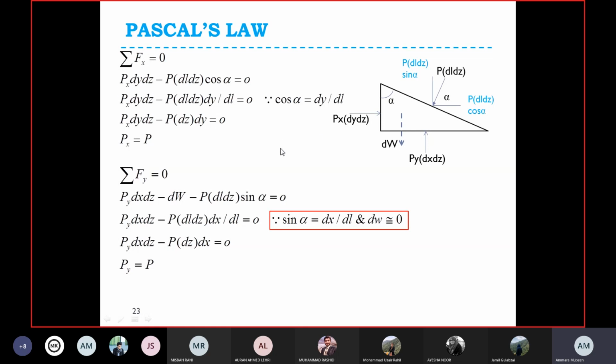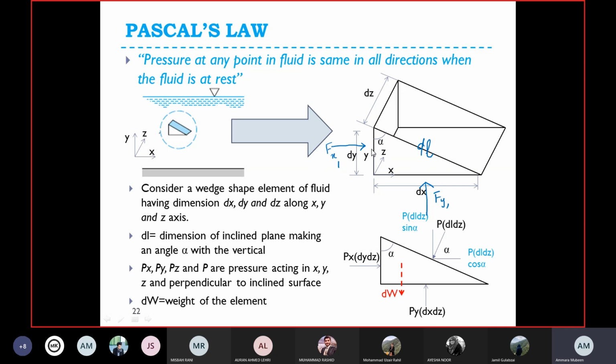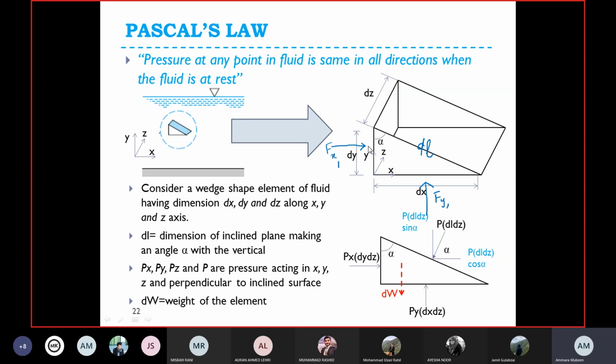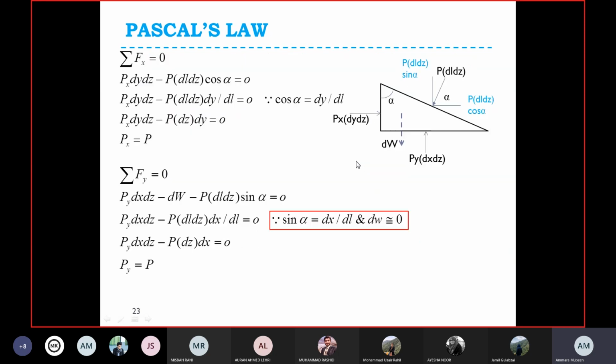If Px is the pressure on this surface, then force Fx1 can be calculated using Px and the area: Px multiplied by dz and dy would be the force Fx1.